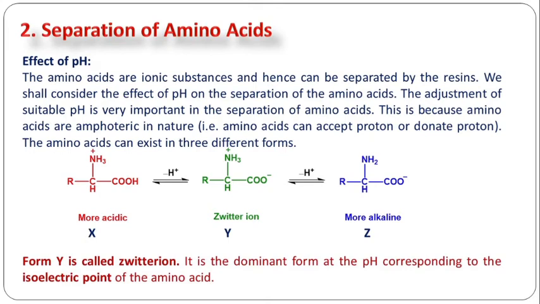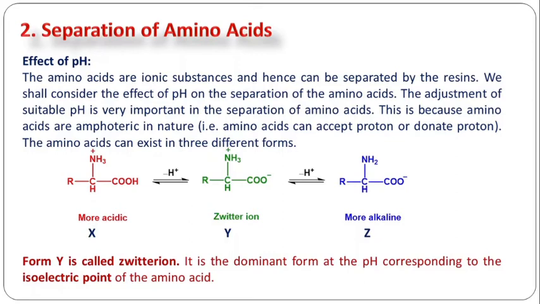It is the dominant form at the pH corresponding to the isoelectric point of the amino acid. So at a particular pH, called the isoelectric point, this zwitterion is the dominant form, where the molecule contains one positive charge and one negative charge, and the total charge on the molecule is 0, neutral.